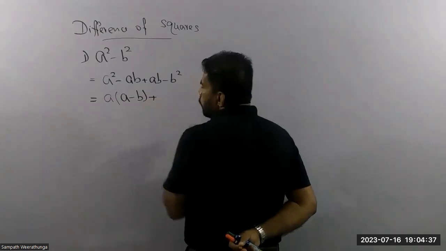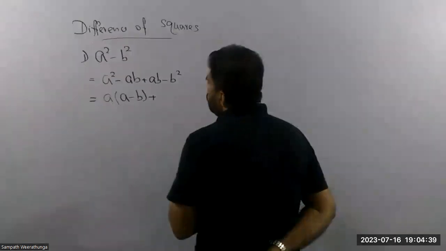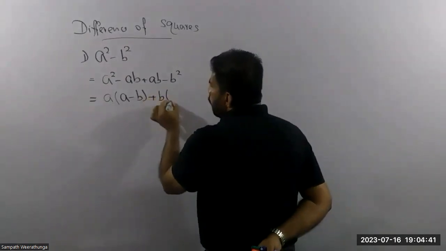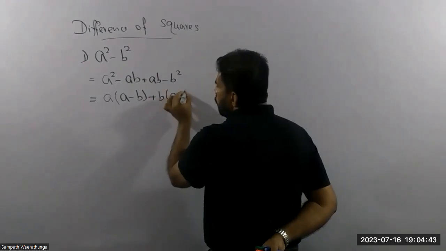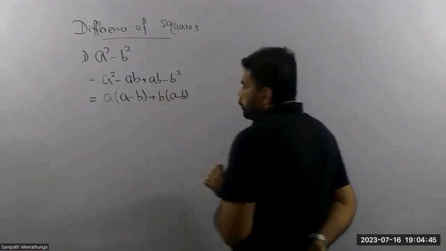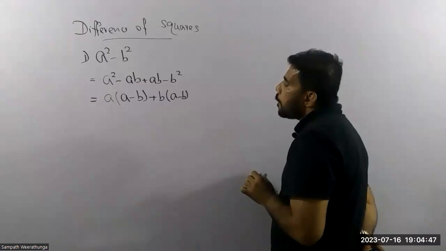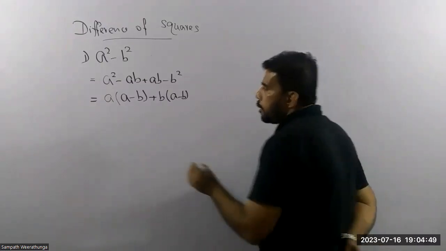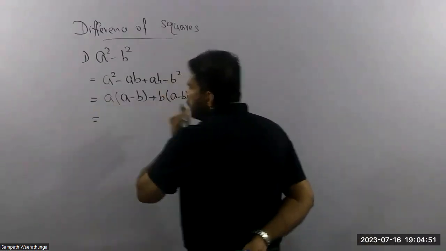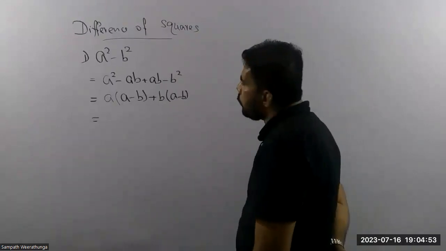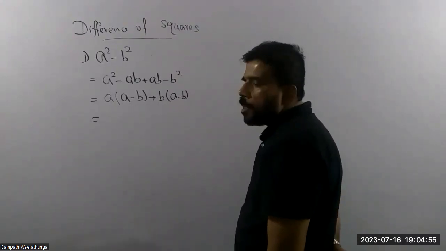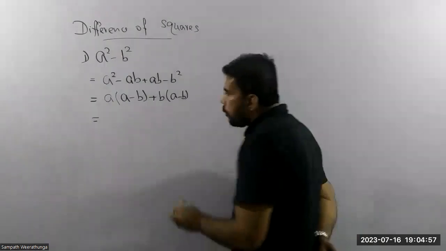For the next term, I'll take B out, and A minus B is coming as my common factor. By seeing this simplified equation, I can observe A minus B is my common factor.